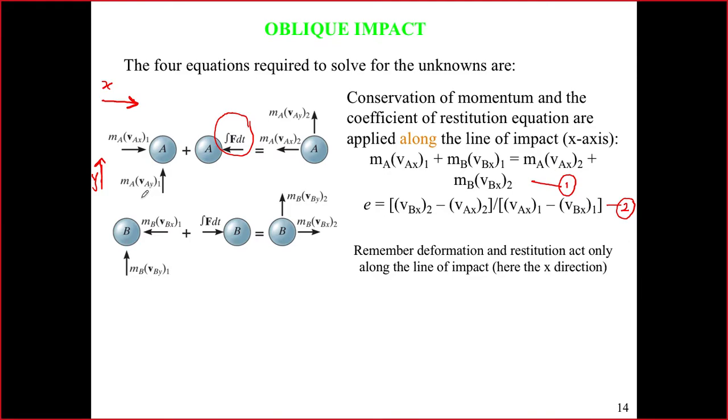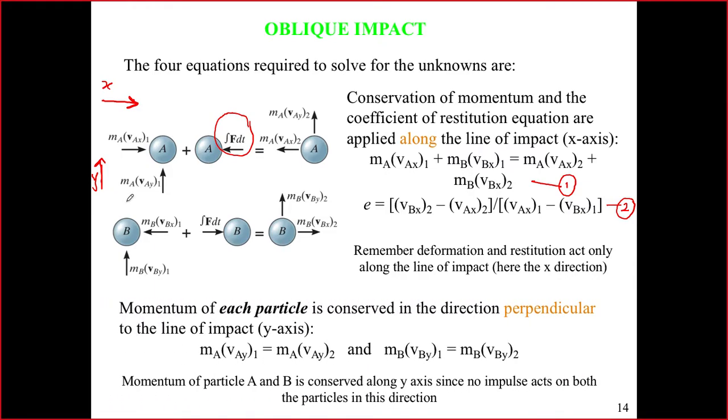Which means that by the conservation of linear momentum, for each particle A and B individually, momentum is conserved, because we have no impulse at all acting on either particle in this y direction.